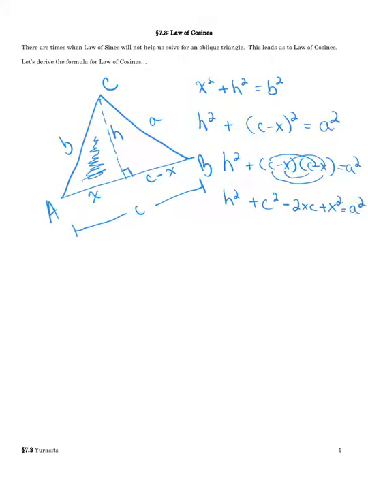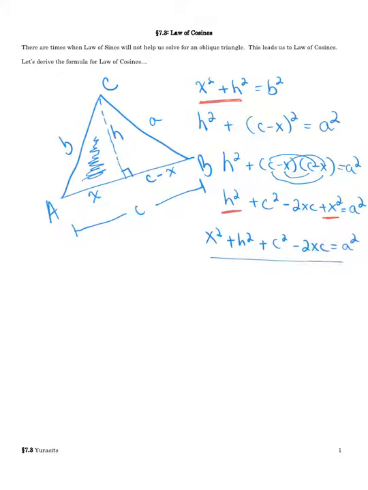So now, if you'll see here, we have this h squared plus x squared, right? Well, don't we have that up here? So what I can do is replace it, and just so I don't lose you, I'm going to go ahead and rearrange this. So I could say this is x squared plus h squared plus c squared minus 2xc equals a squared.